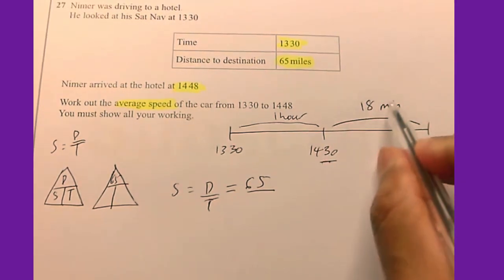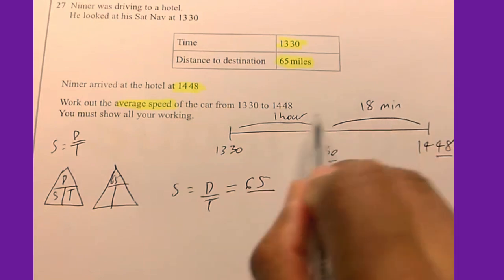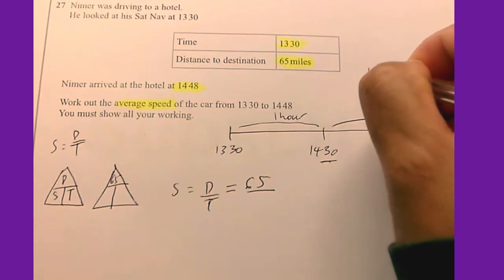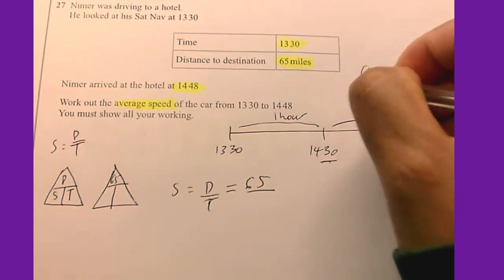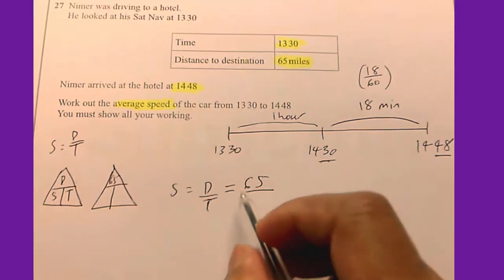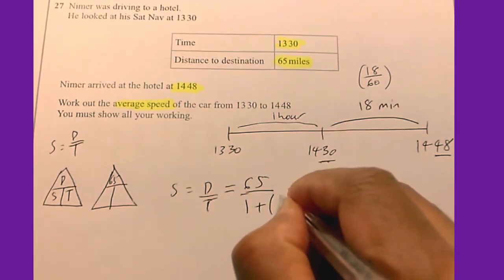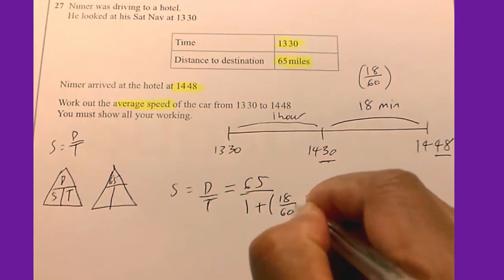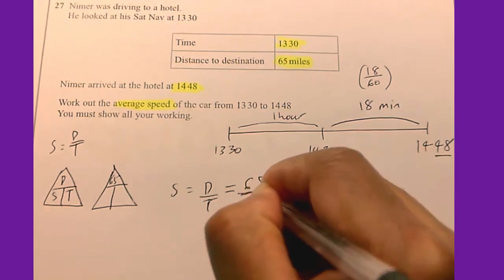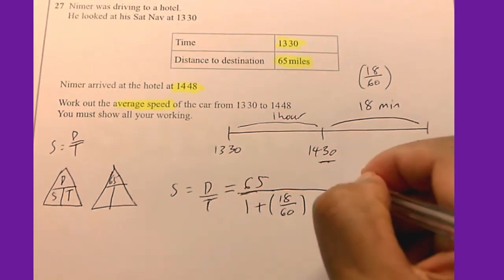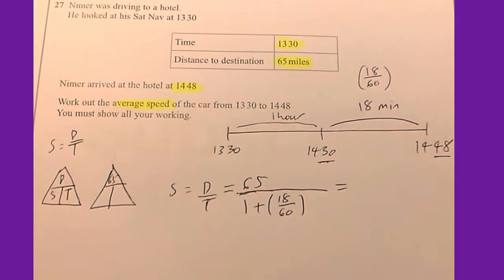Okay, and if I think about conversions, hours and minutes, I need to make them the same. It's 18 minutes out of 60 minutes in an hour. So my division becomes 1 hour plus 18 divided by 60. And that is it. So I just need to put that into my calculator.